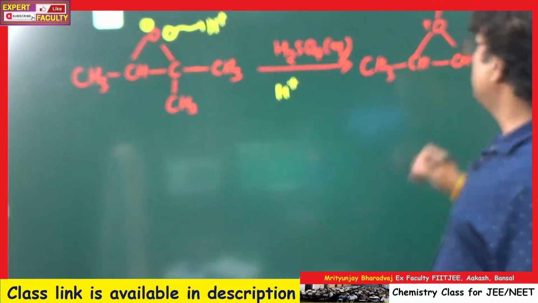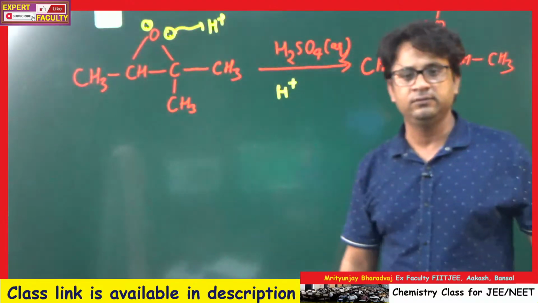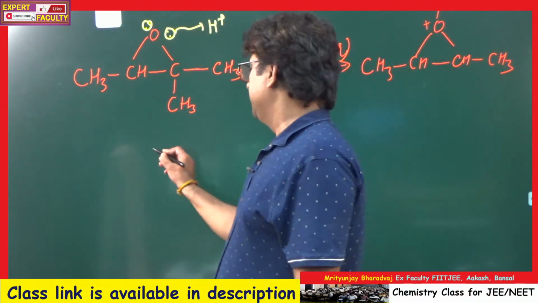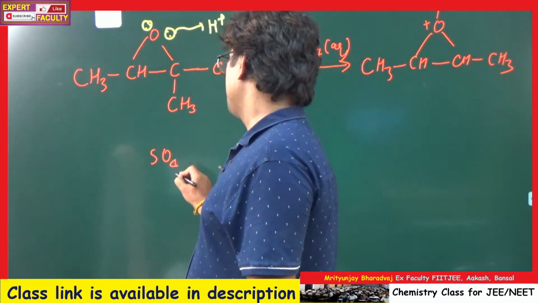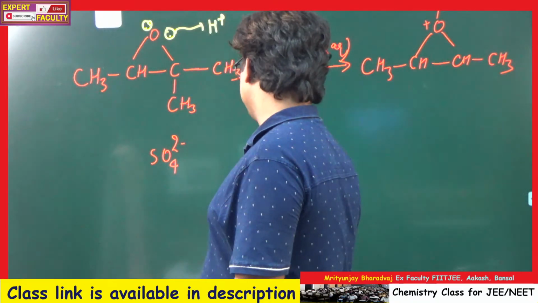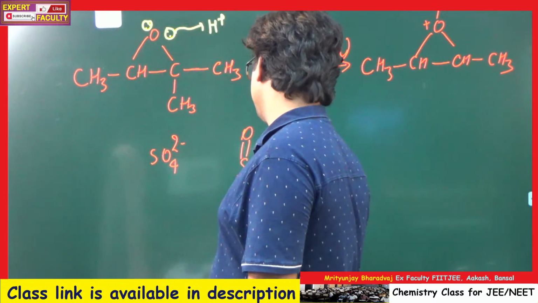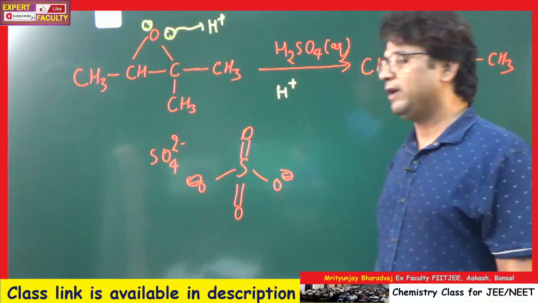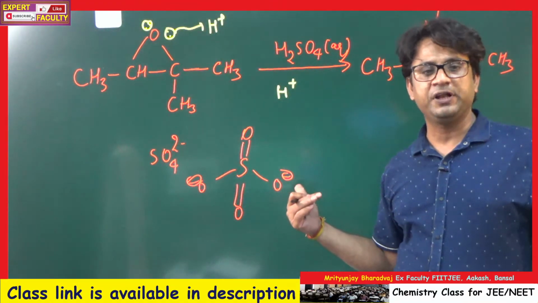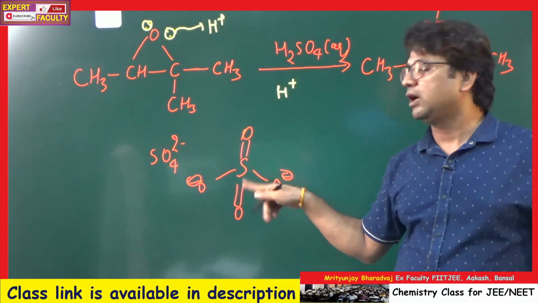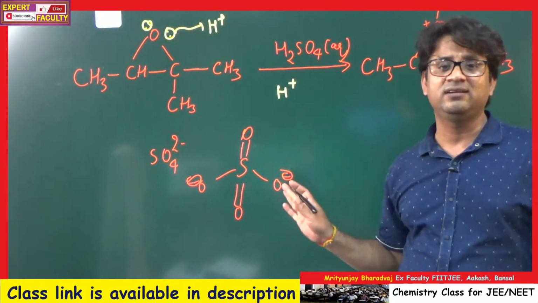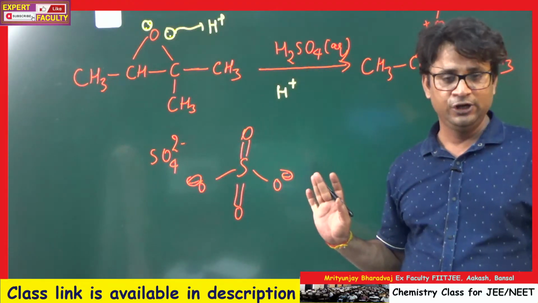So what is the nucleophile? What nucleophile have you taken? SO4 minus. Look, first of all, it will be SO4 2 minus, but SO4 2 minus is not a good nucleophile. Why? Because the negative charge on the oxygen is getting delocalized onto the other oxygens also. So oxy acid ions are not good nucleophiles.